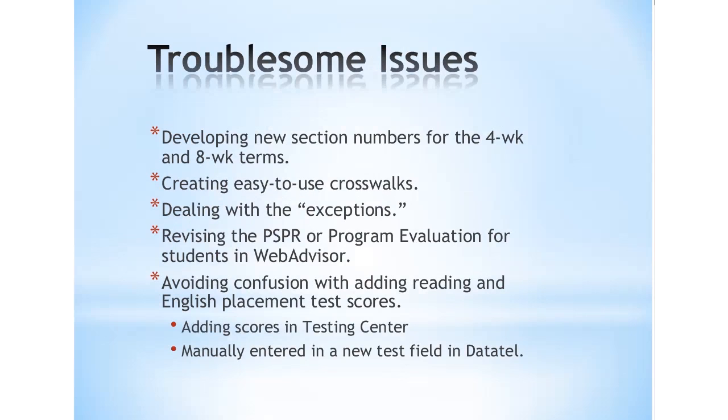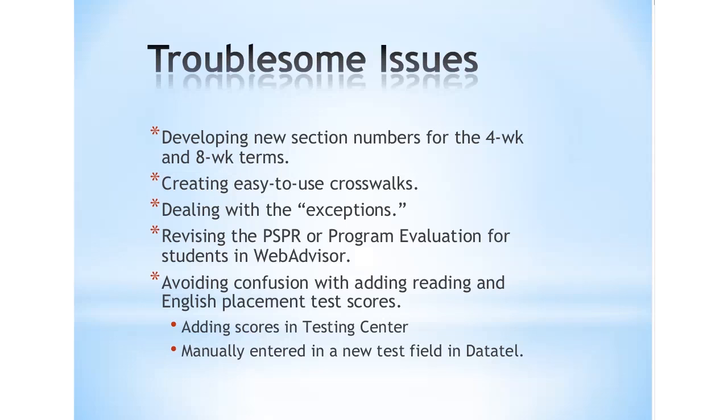Some of the most troublesome issues that we faced along the way were, believe it or not, things like developing new section numbers. We have 4-week math courses and we have 8-week DRE courses, and while we already have a section number for 8-week terms, we did not have a way to distinguish that, and the system wasn't very cooperative.